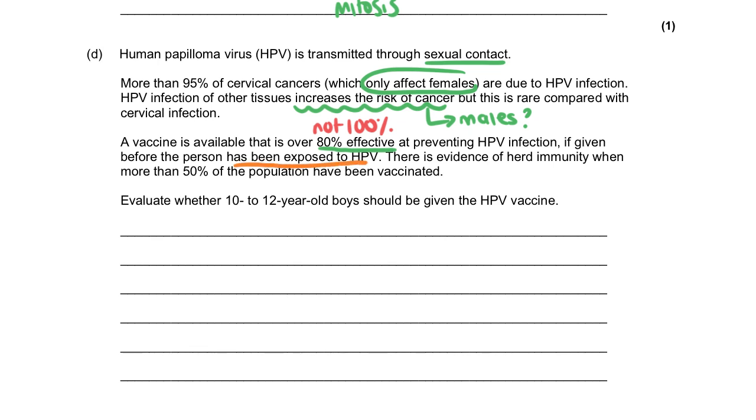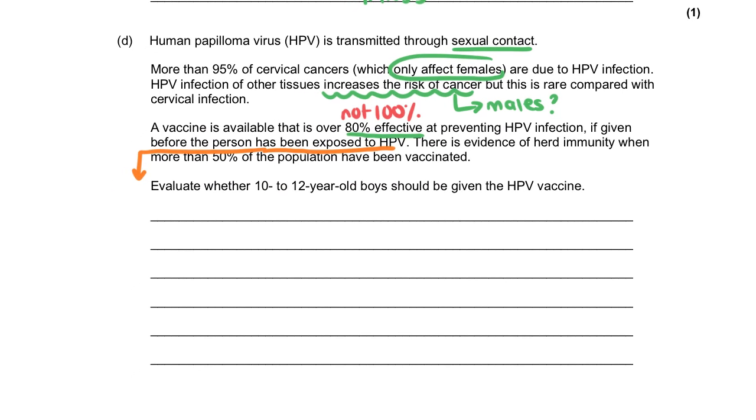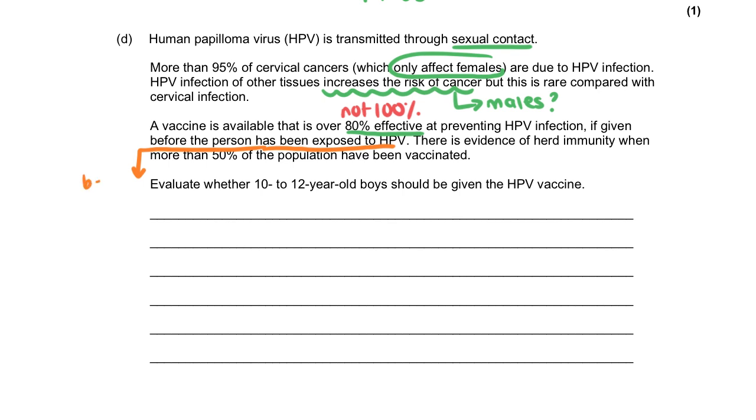So this bit is important because it implies that if it's transmitted through sexual contact, if you are having this vaccine before you begin sexual contact, you are likely to be 80% effective or 80% protected against HPV. There is evidence of herd immunity when more than 50% of the population has been vaccinated. So herd immunity is where we've got vaccines for the many to protect the few.